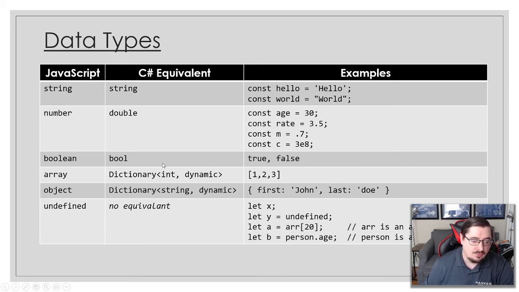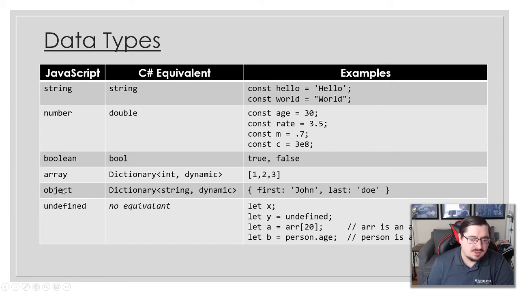If you're looking for the equivalent over in the C# world, the C# equivalent of arrays in JavaScript are actually dictionaries with the key of an int and values of dynamic. That's the closest to how JavaScript arrays work.